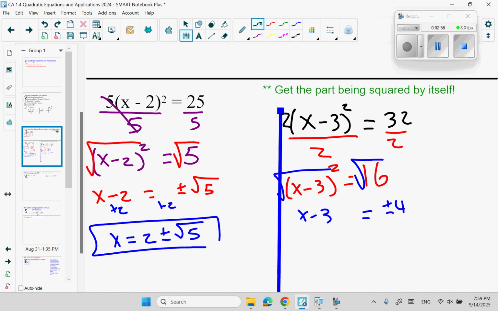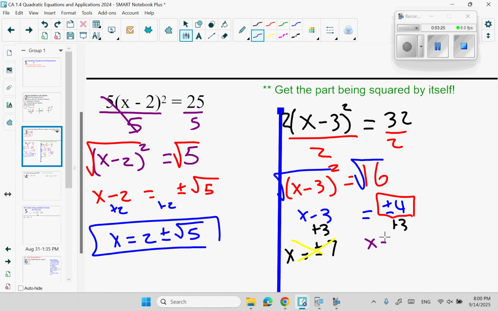Now, the most common mistake that I see on a problem like this is students want to add this 3 right away. And they would say that x equals plus and minus 7. Unfortunately, that doesn't work. What you have to do, if you get a situation like this where it's a perfect square root, is break it up into 2 separate problems.